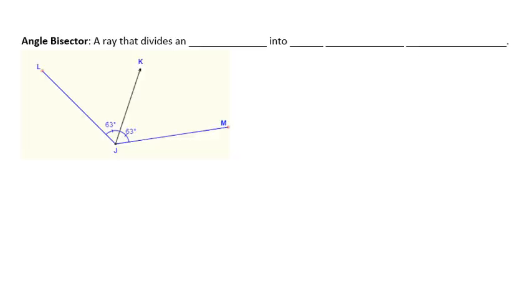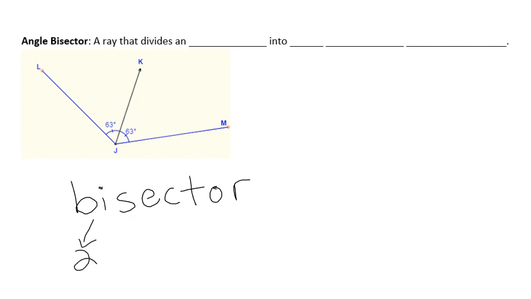Now here's something that's possibly new. It's called an angle bisector. Now if you think of the word bisector, with bi, we think two. So like a bicycle has two wheels. Now sect means to cut.